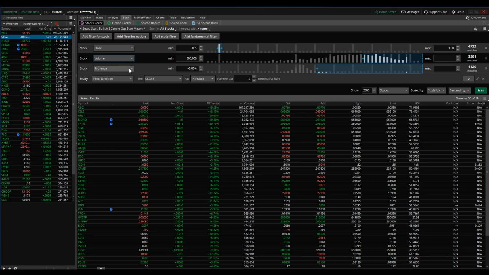Third one, percentage change. Right here, positive 3%. The reason why 3% is because that usually starts to indicate that some good stuff is happening here. This is moving in a positive direction.